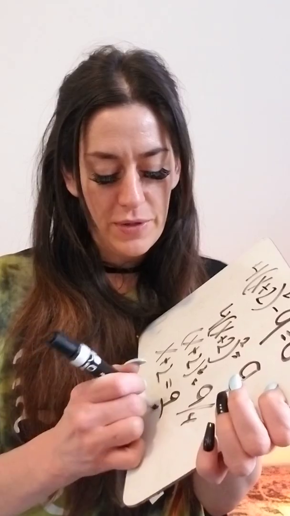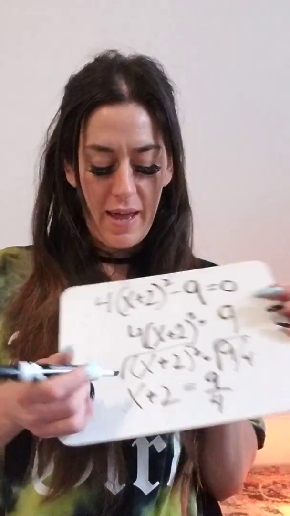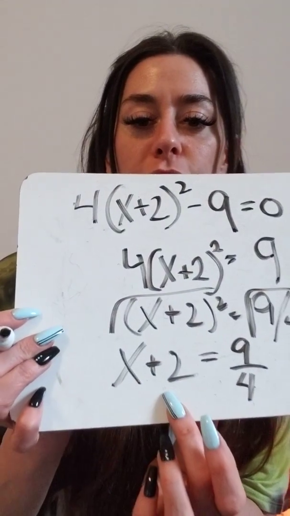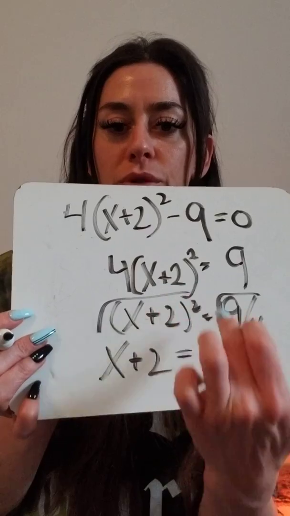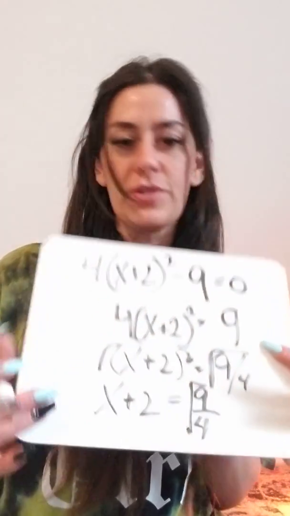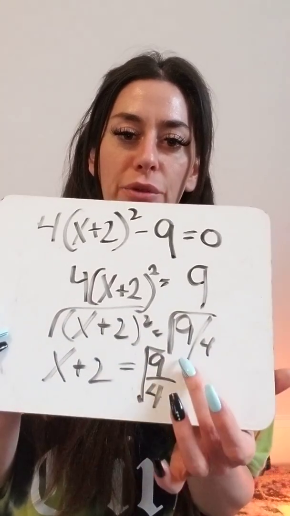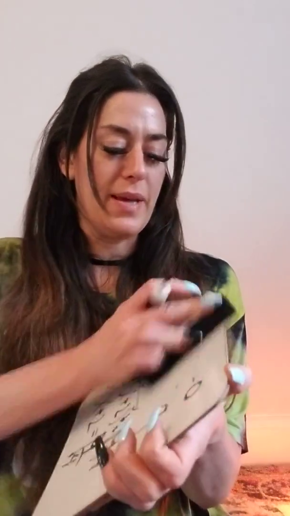Equals 9/4. Take the square root of both sides. The square root of (x + 2) squared is x plus 2. The square root of 9/4 is 3/2, plus or minus 3/2. Okay, just to make some more space, I'm going to erase up here.